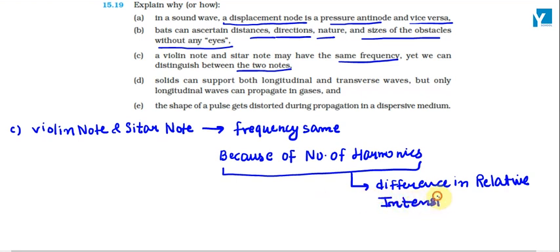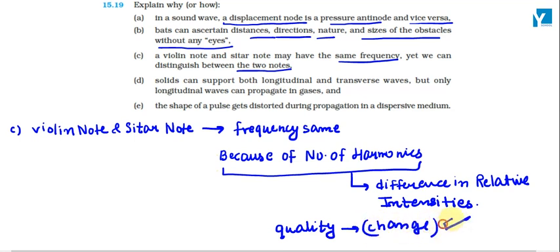We can distinguish between the two notes because, due to these two factors, the quality of the sound or note changes considerably for a sitar note and a violin note. That's why we can distinguish between the sitar and the violin note.